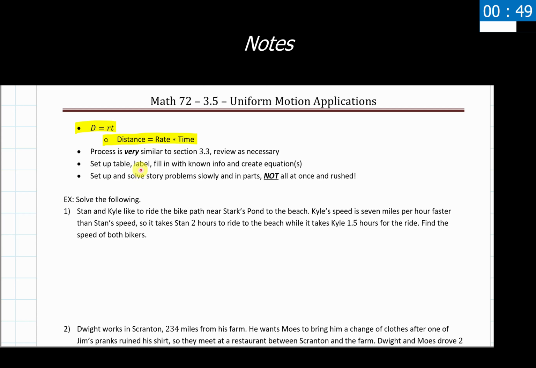And I would also say drawing a picture for yourself is also quite useful. I'm not much of an artist, but you're going to see at least some simple drawings that you can use and I would recommend using to go through and make sense of these problems. So with that, we have 3 examples here that we are going to go through. As necessary, I would pause the video to write these out for yourself.